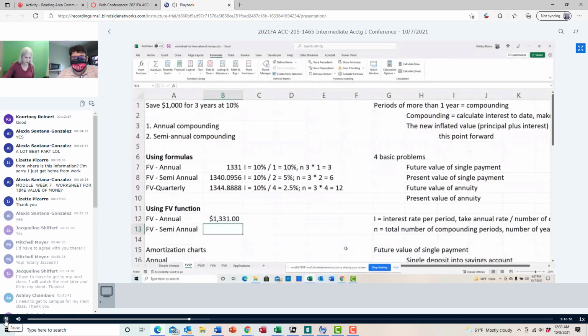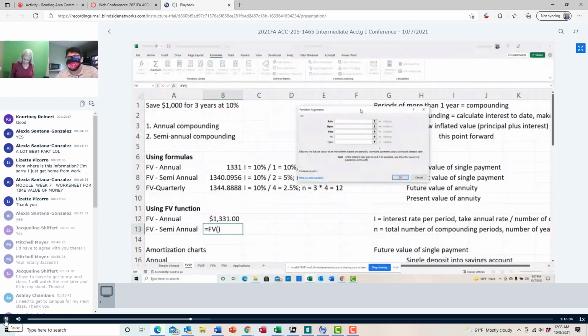So let's try our FV function again with semi-annual. I'm going to click in cell B13 and do Financial and the same one again, FV. Now this time in my rate, I'm going to put 10% / 2.